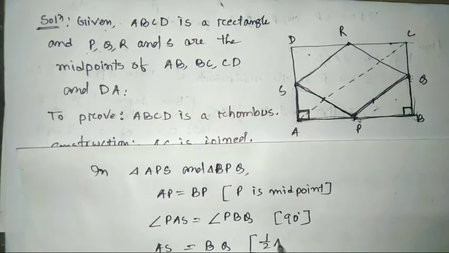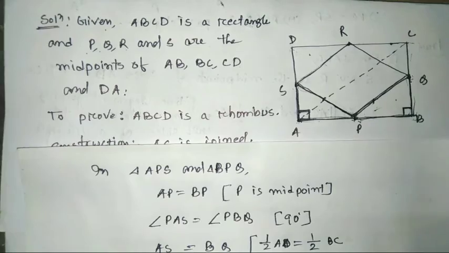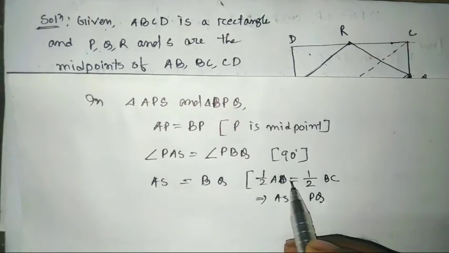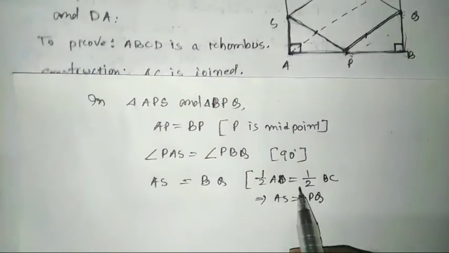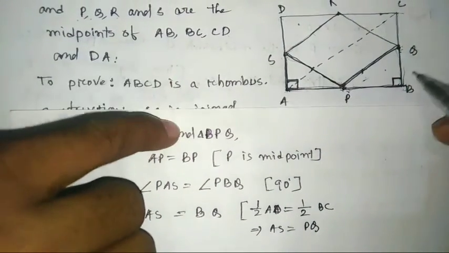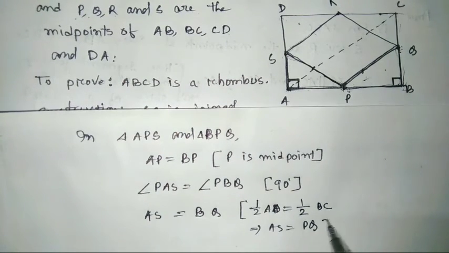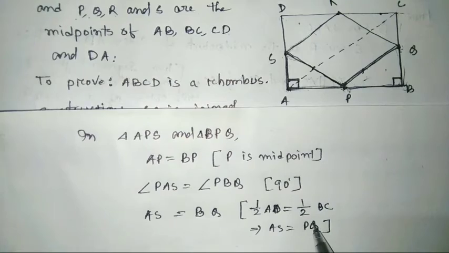Because half of AD is equal to half of BC. Half of AD means AS and half of BC means BQ. You may give the reason in bracket.